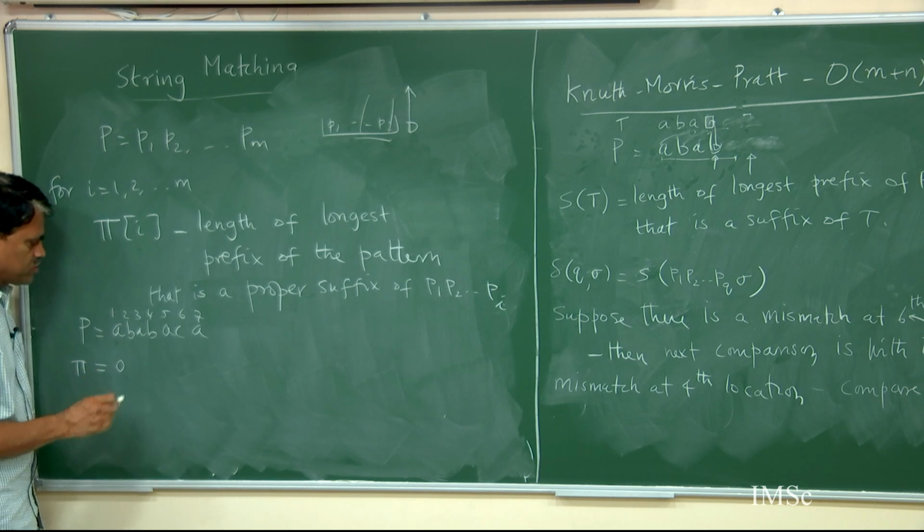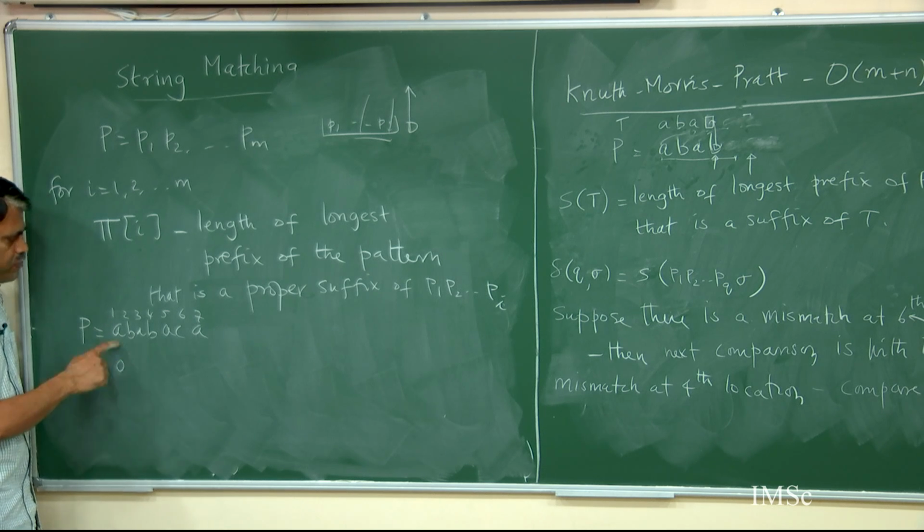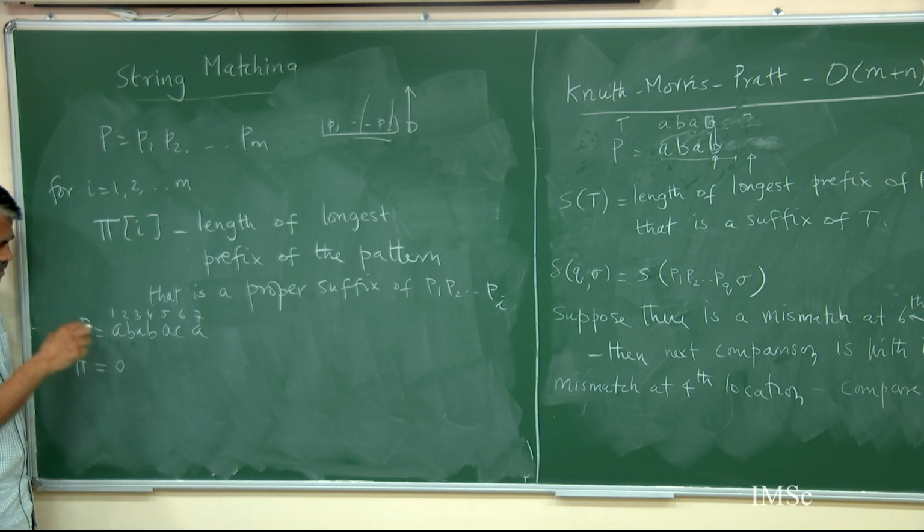So pi of 1 is 0. Pi of 2: what is the prefix of the pattern which is a proper suffix of this? Zero again, because I have matched AB.